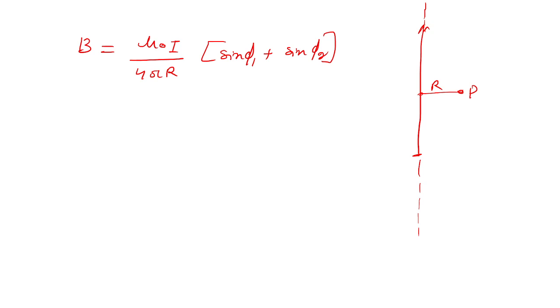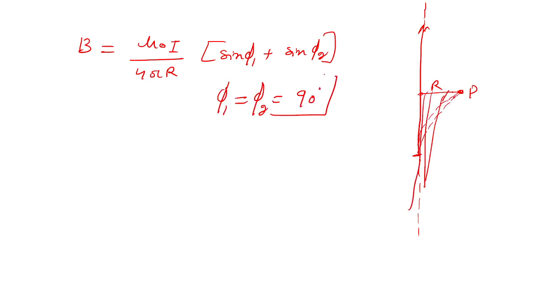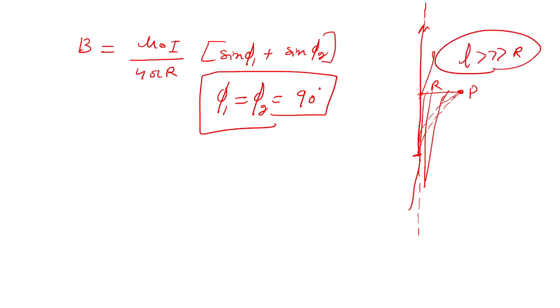If the length is continuously increasing, this angle will also increase. It means φ₁ and φ₂ are nearly 90 degrees, because the length is increasing in such a manner that the distance between the point where we calculate the magnetic field and that particular conductor is very small. So we will take this as 90 degrees.